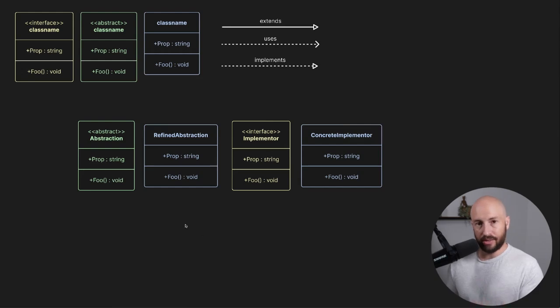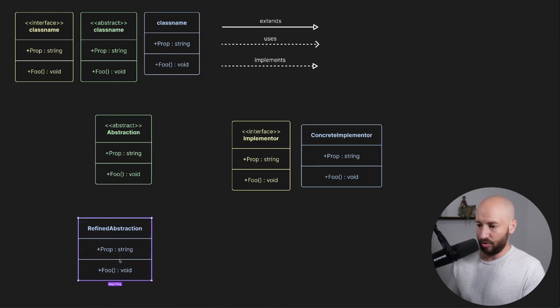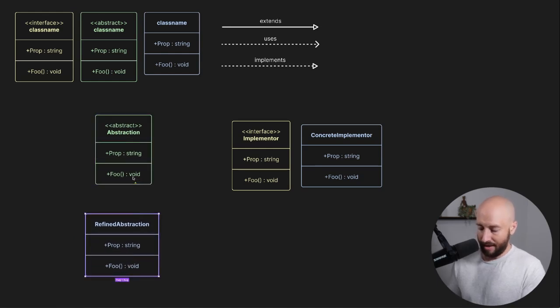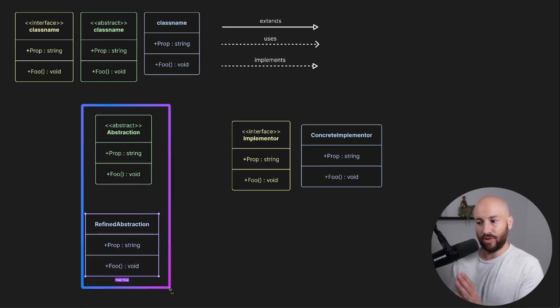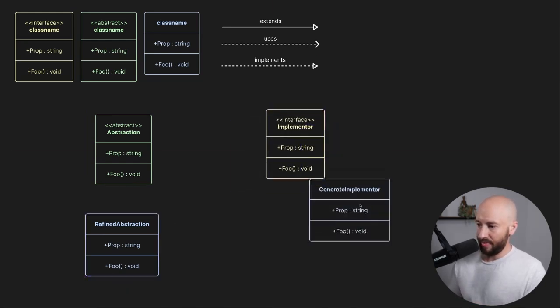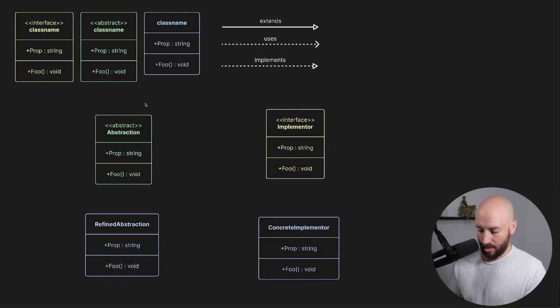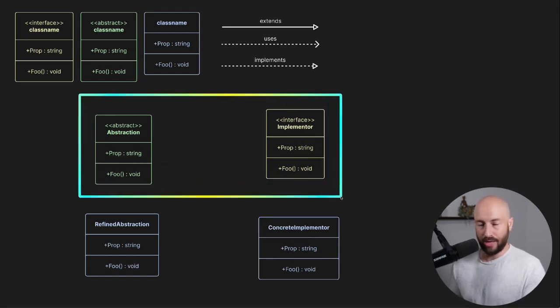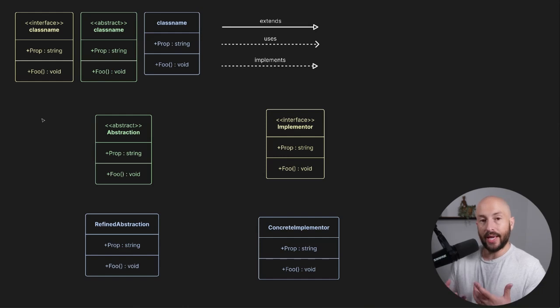Now, the reason this is called the bridge design pattern is because of the way it is structured. On one side we have the abstraction and the refined abstraction, and on the other side, we have the implementer and the concrete implementer. Between the abstraction and the implementer, we have a relationship that makes this entire thing look like a bridge.